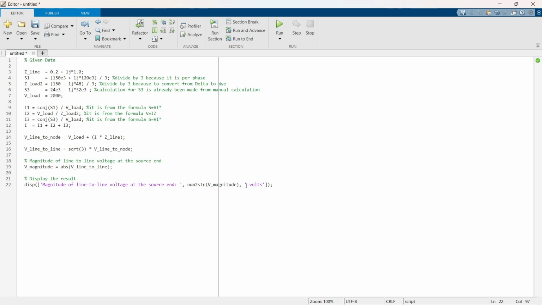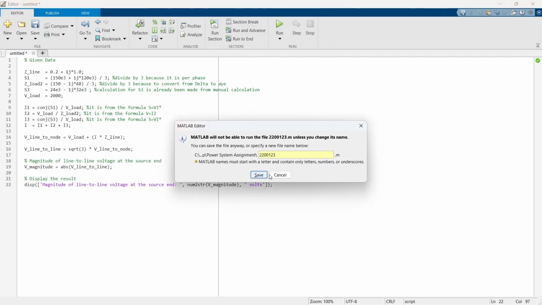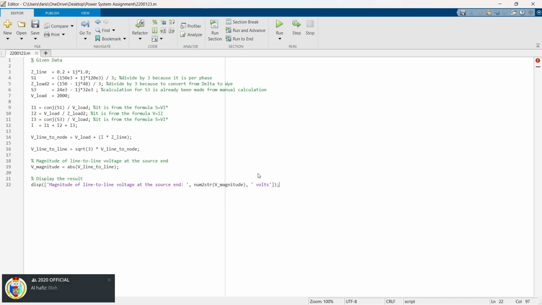Right, so before we can run, we need to save it. Don't mind the test run. So we save it as my matriculation number, 22000123. MATLAB will not be able to run the file. Alright, so we have that settled.